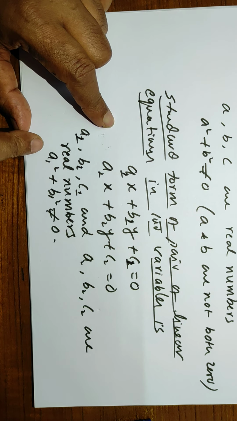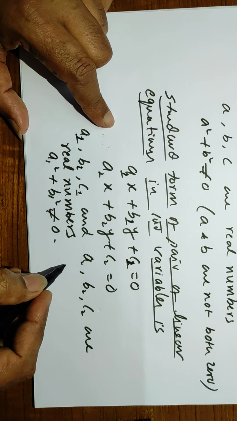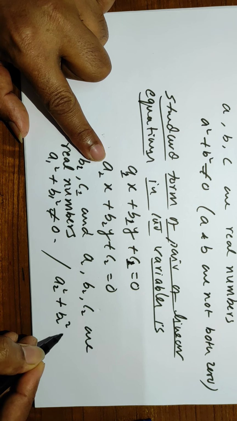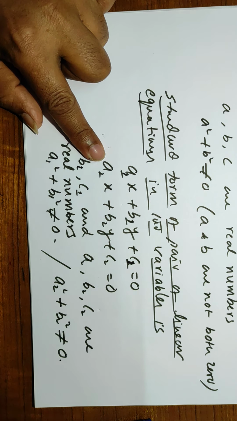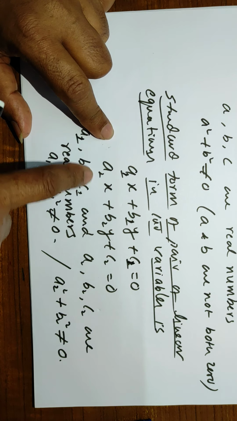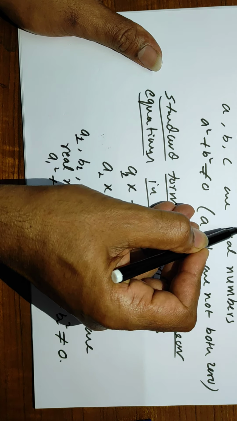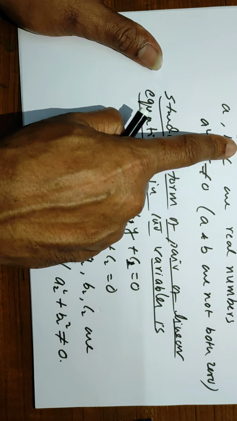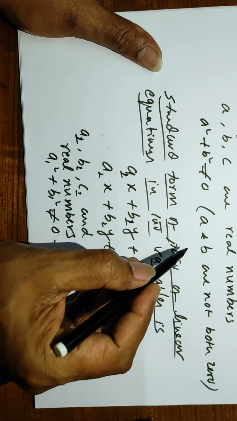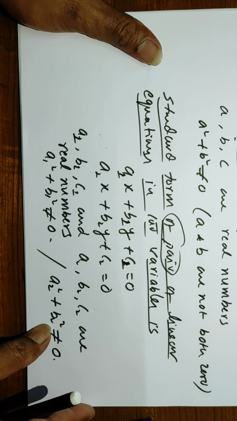That means a1 and b1 are not both 0, and another one is a2 square plus b2 square is not equal to 0. That means a2 and b2 are not both 0. This is the standard form of a pair of linear equations in two variables.